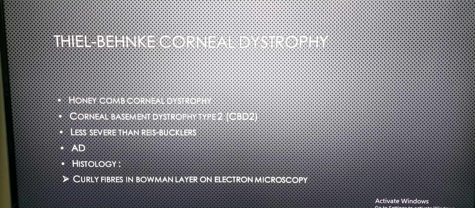Thiel-Behnke corneal dystrophy is characterized by a honeycomb appearance, and it is also known as corneal basement dystrophy type 2. It is less severe than Reis-Bücklers. The inheritance pattern is autosomal dominant. Histology shows curly fibers in the Bowman layer on electron microscopy.